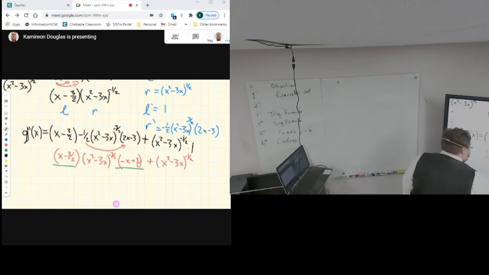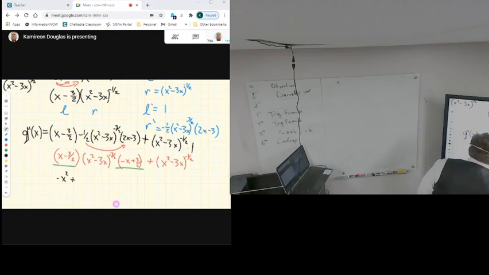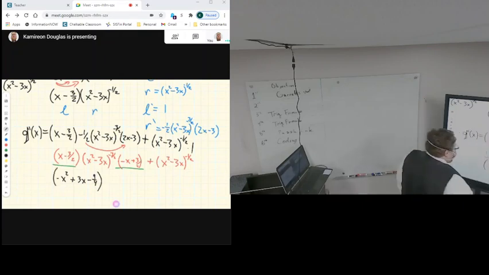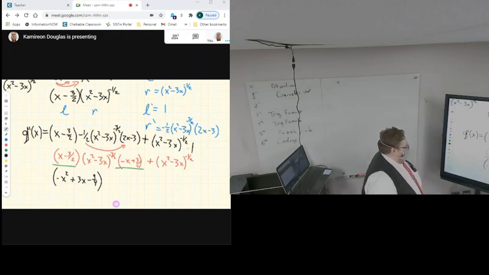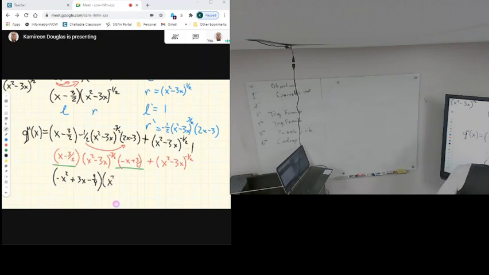I get the following: negative x squared plus 3x minus 9/4. Okay, so multiply those two terms together, times (x squared minus 3x) to the negative 3/2 power, plus (x squared minus 3x) to the negative 1/2 power.